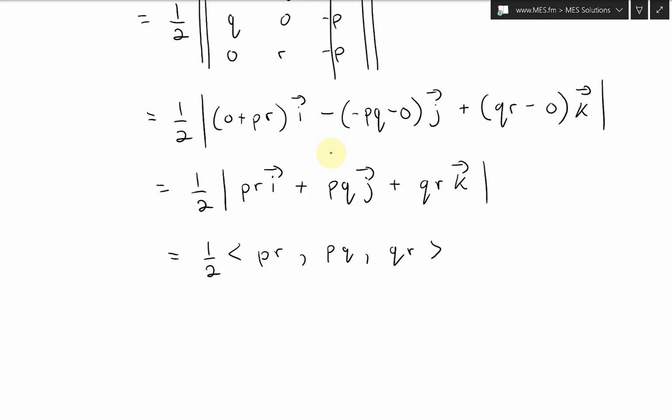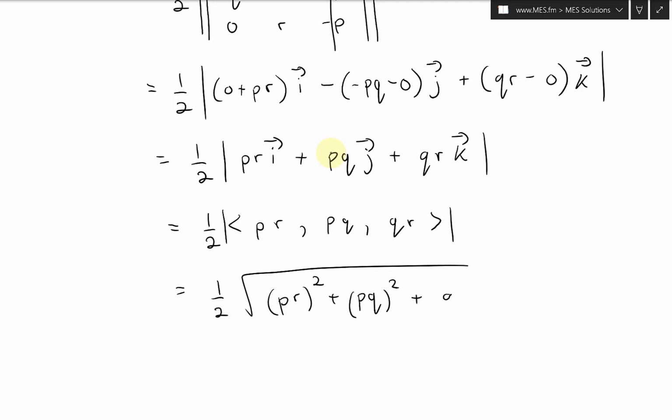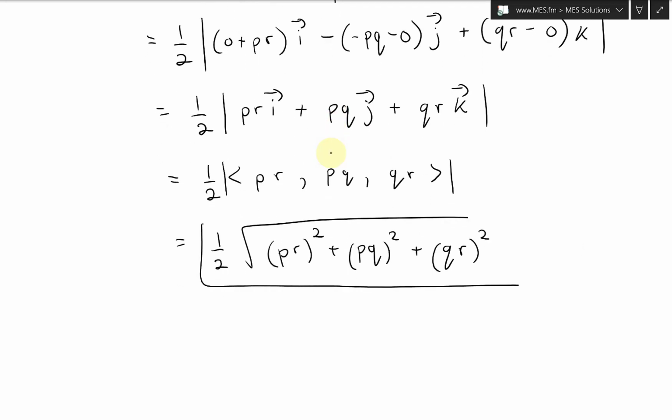And it's the length, so this equals 1/2 times the square root of everything, pr squared, plus pq squared, plus qr squared, like that. And yeah, we could just keep it like that. That's pretty straightforward. So that's the length.